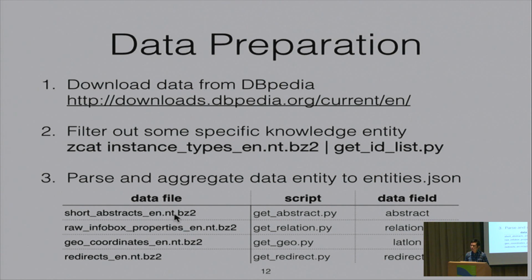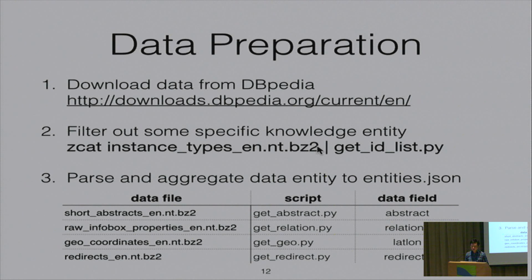So we would use some simple Python scripts to do the text extraction to get the data fields we need. Before that, we may also want to do some filtering on the type of entity, because Wikipedia contains different varieties of knowledge types.